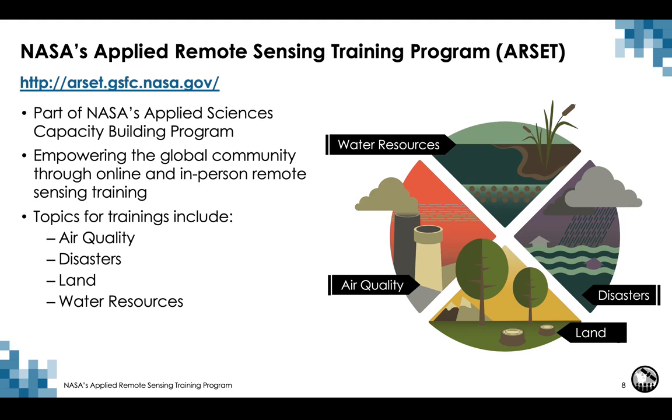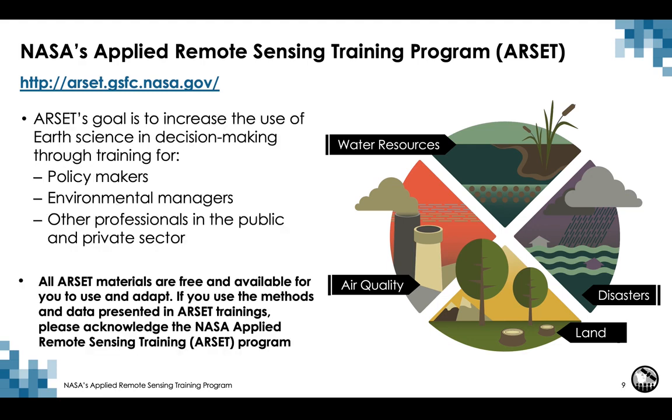The program seeks to empower the global community through online and in-person remote sensing training, covering topics related to air quality, disasters, land, and water resources. RSET's goal is to increase the use of earth science in decision-making through training for policymakers, environmental managers, non-governmental organizations, and professionals in the public and private sectors.